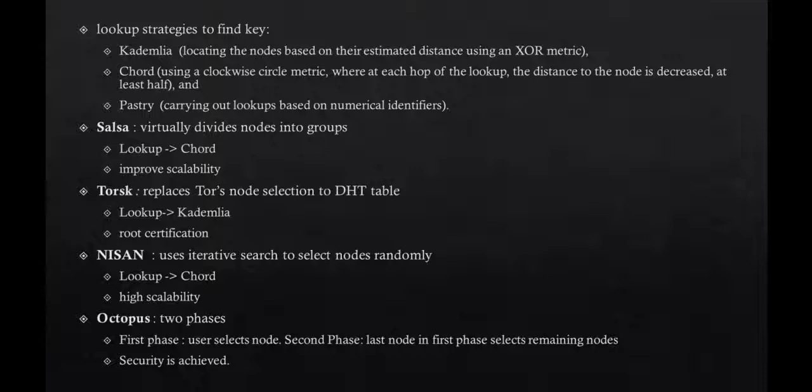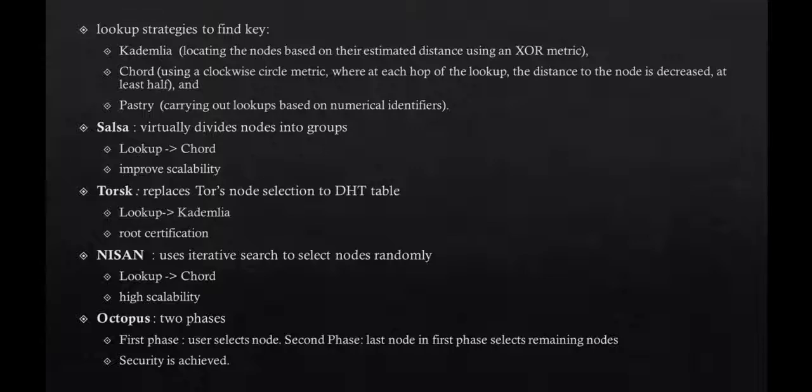Chord: using a clockwise circle metric where with each hop of the lookup, the distance to the node is decreased by at least half. And Pastry: carrying out lookups based on numerical identifiers. In further slides, we'll be implementing only the first two lookup strategies, that is Kademlia and Chord.